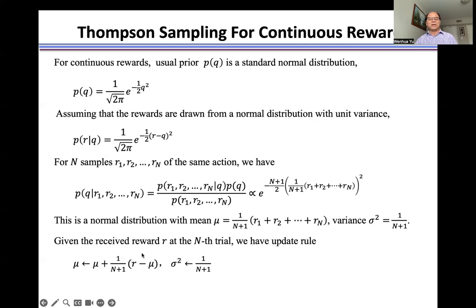Finally, when the number of samples tends to infinity, we get a convergent posterior. And from here, we can find the optimal action and the optimal expected reward.